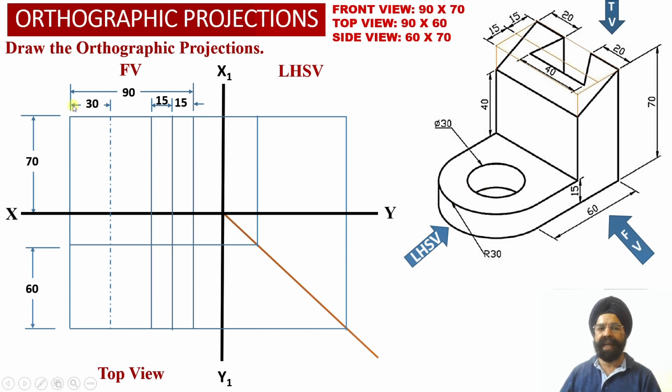So now we have marked a distance of 30 millimeter from the left hand side face. We have marked a vertical projector center line in such a way that we have extended this center projector line into the top view projections as well. And now we know that from the center location there is a vertical circular hole which has been drilled into this horizontal web, having a diameter equal to 30 millimeter.